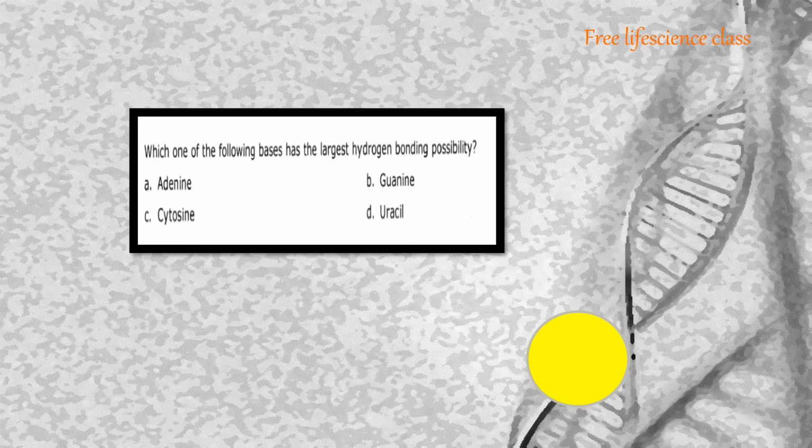Yes, time up. The answer for this question is option B, guanine. Because guanine forms a base pair with cytosine with 3 hydrogen bonds.